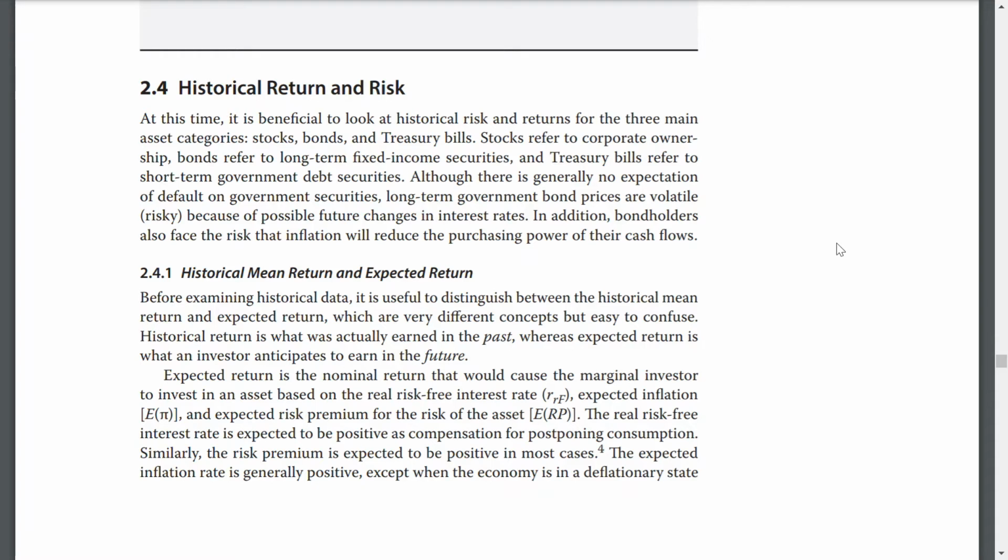Expected return is the nominal return that would cause the marginal investor to invest in an asset, based on the real risk-free interest rate, the expected inflation, or E pi, and the expected risk premium for the risk of the asset. The risk-free interest rate is expected to be positive as compensation for postponed consumption.